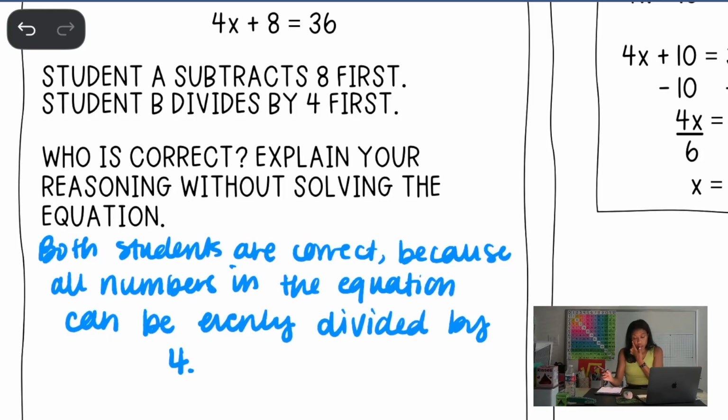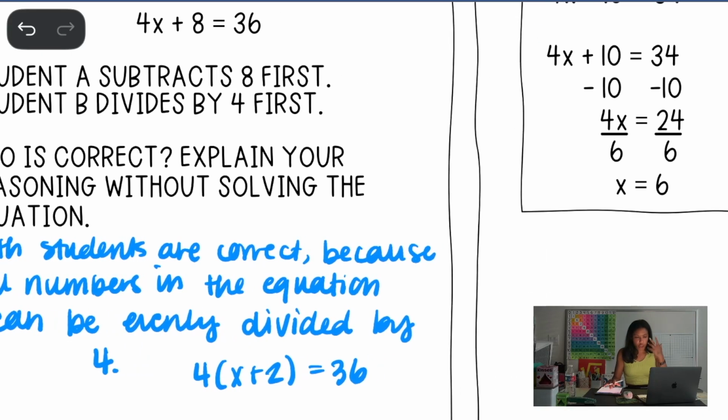Personally, like I said, I still recommend subtracting 8 first, but I get it, right? So this could be 4 times x plus 2 equals 36. Again, they don't want me to solve it, so I'm just going to leave it there. But you see what I was going for, right? The distributive property.